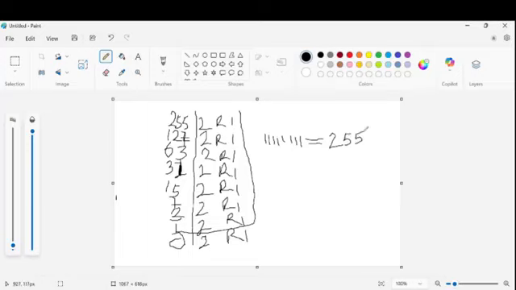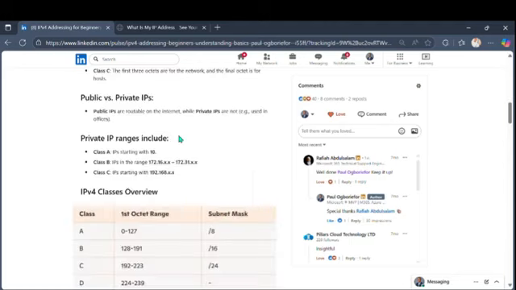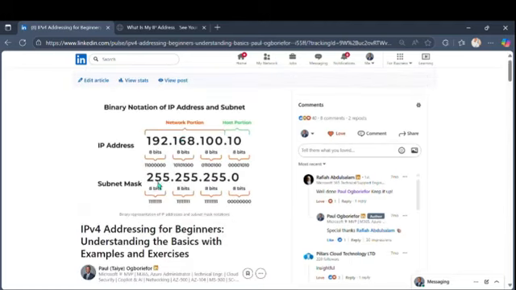This is what we were taught, and it is very correct. So for every complete octet in IPv4, the value is equal to 255. And that is why if you come back to this picture, you see 255, 255, 255 here.